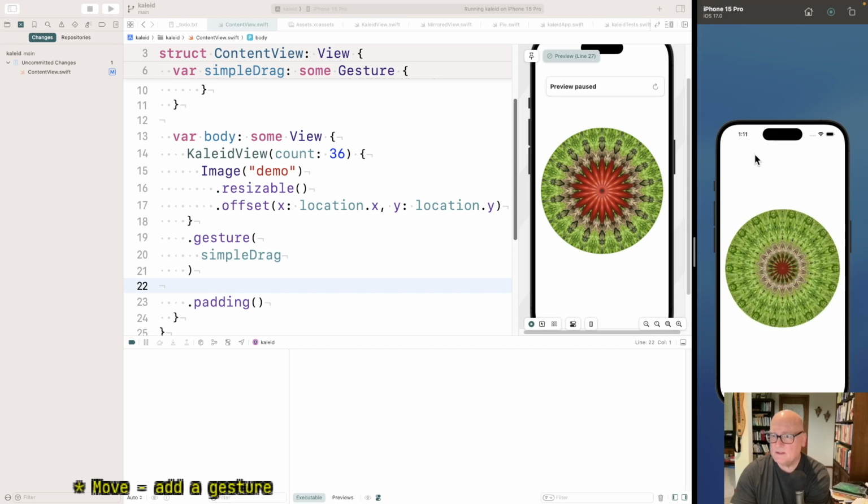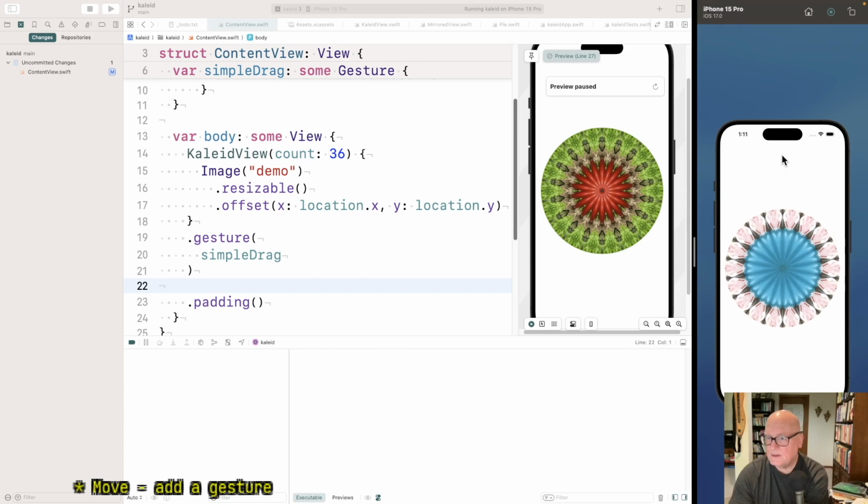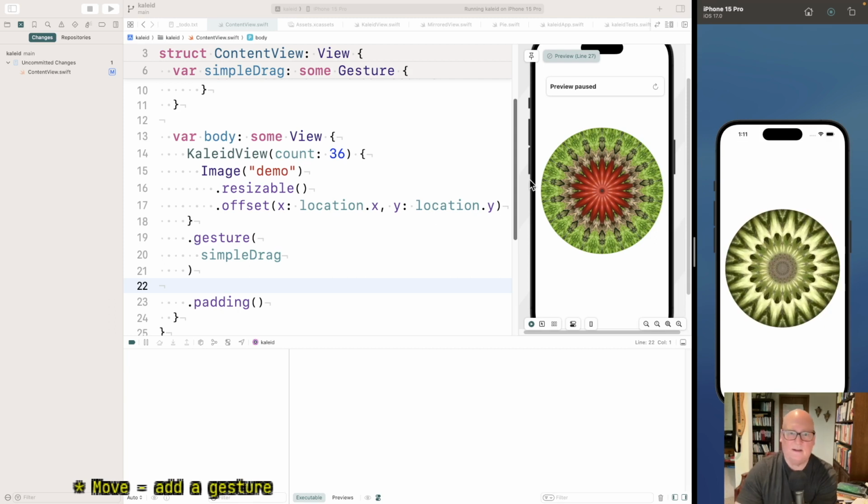Yeah, I'm kind of tracing the shape up to halfway. Oh yeah, I like it. Okay.